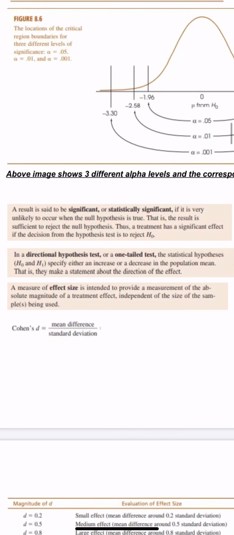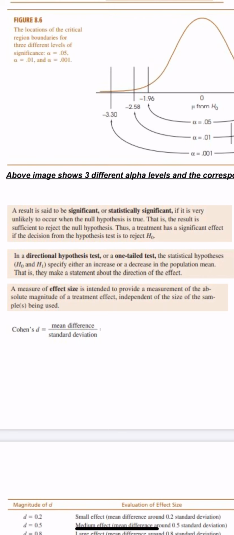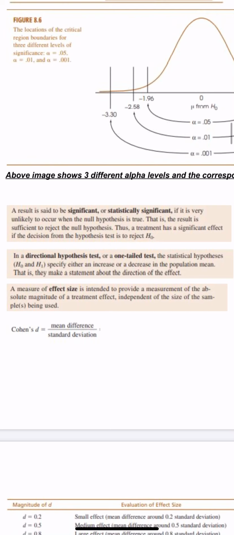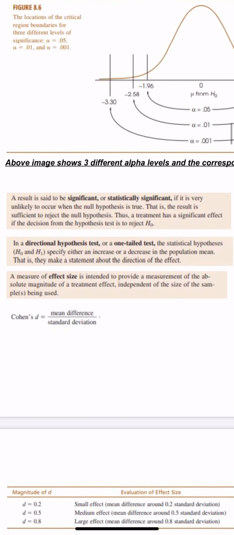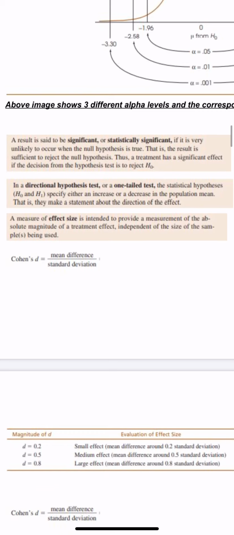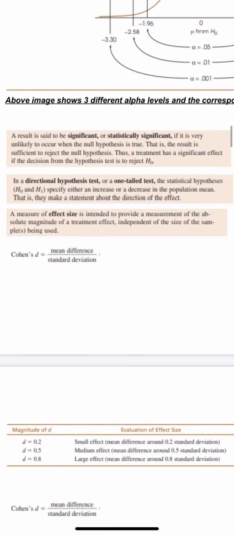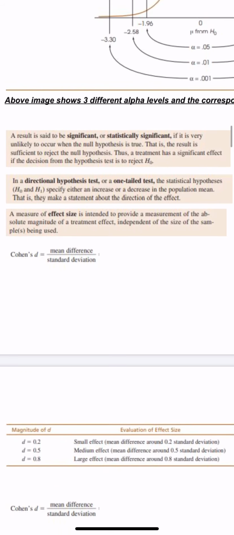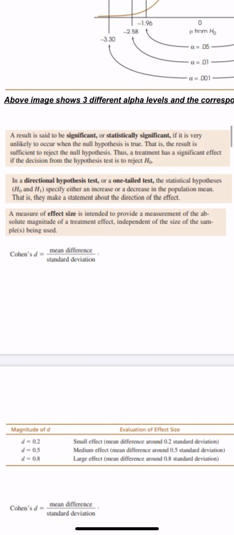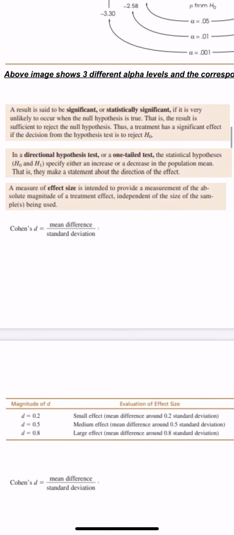A directional hypothesis test is usually looking for more or less, greater or less than. You'll see a direction in the question. A measure of effect size is intended to provide a measurement of the absolute magnitude of a treatment effect, independent of the size of the samples being used.